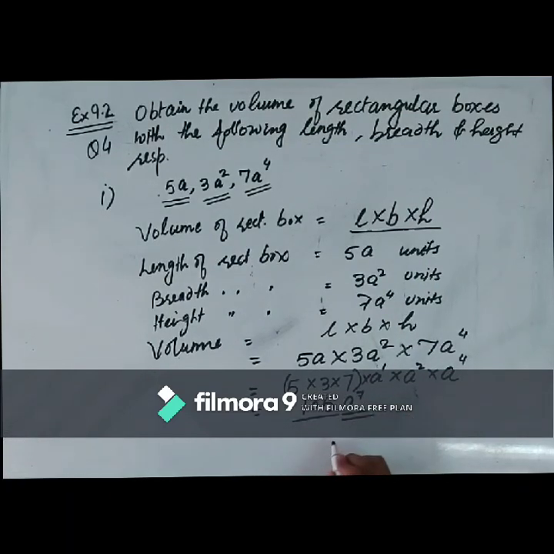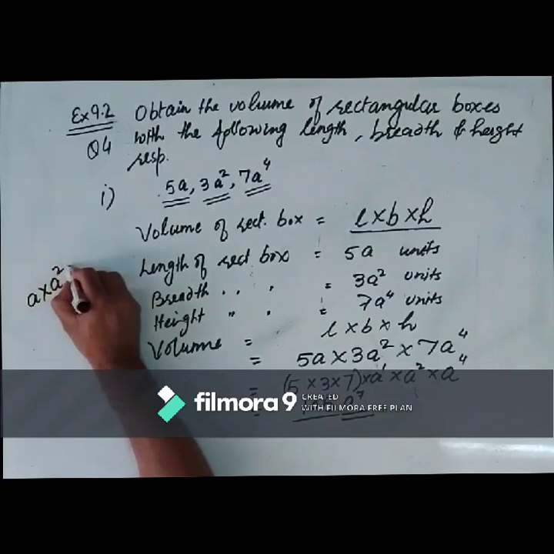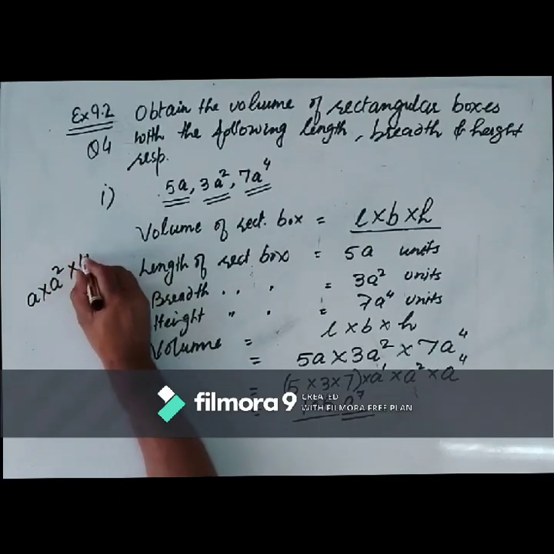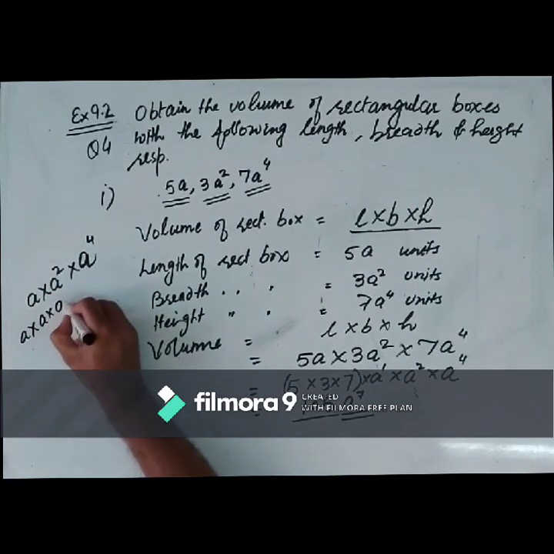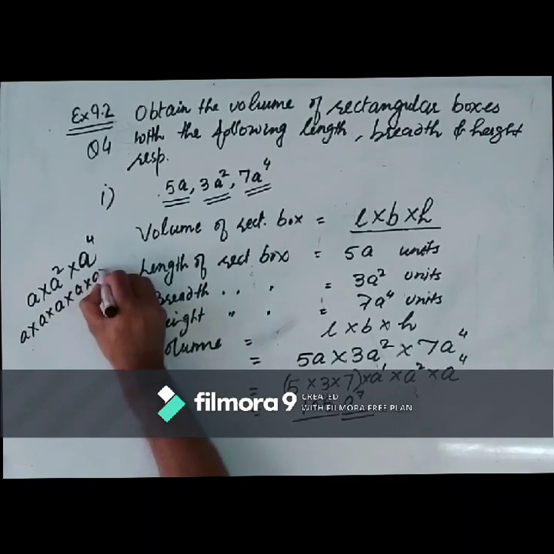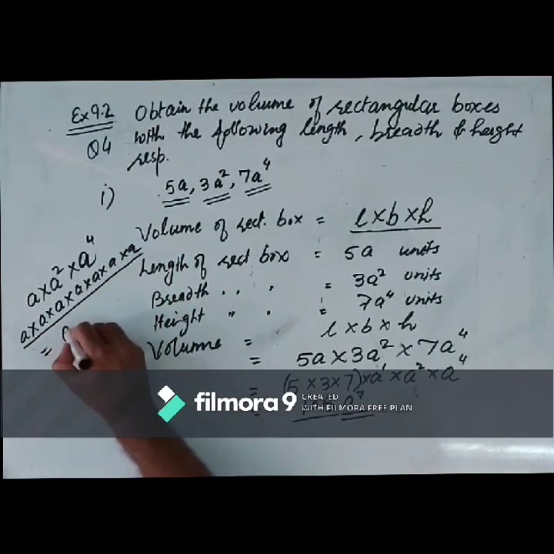How we come to the conclusion that this is a raised to power 7 is, this is a square and this is a raised to power 4. So how do we do this? This is a into a into a into a into a into a into a. So these are total 7. So this is a raised to power 7.